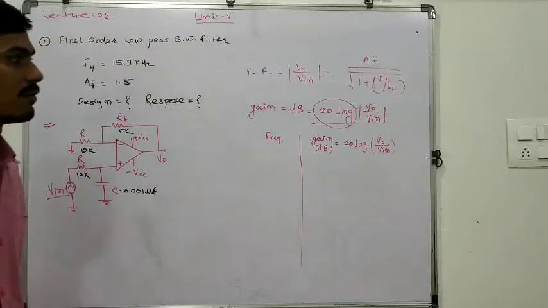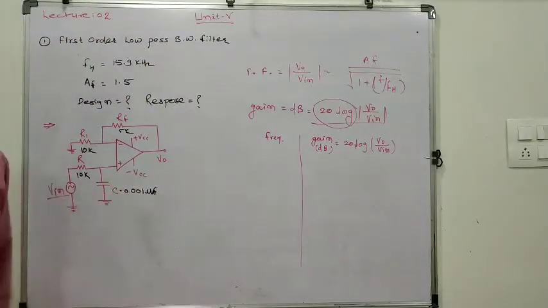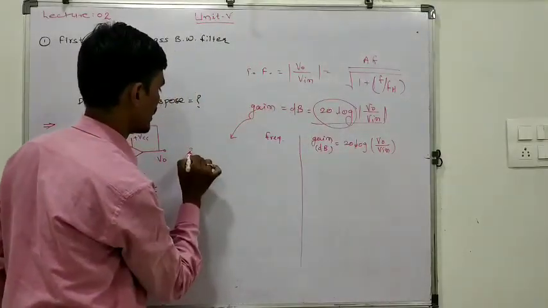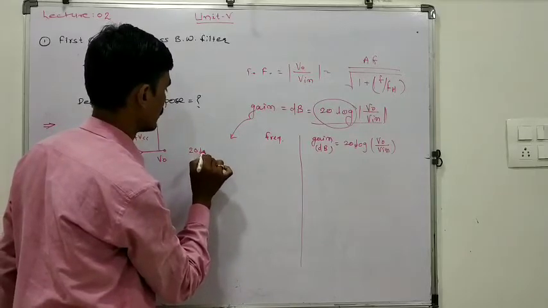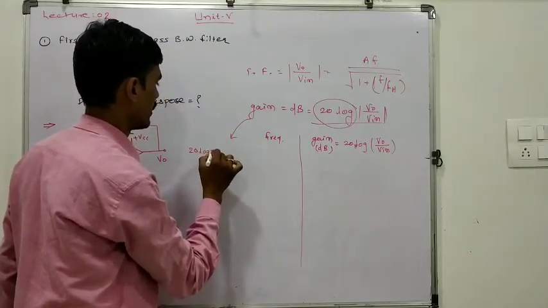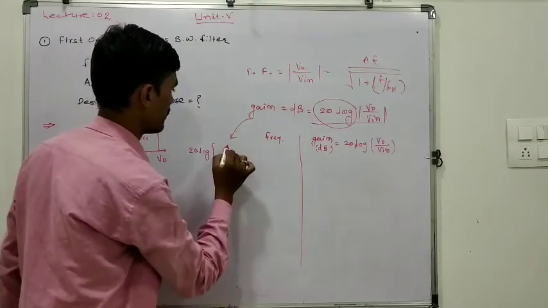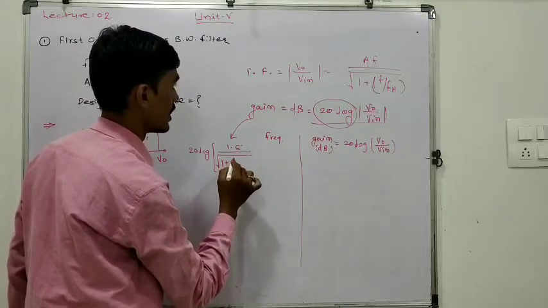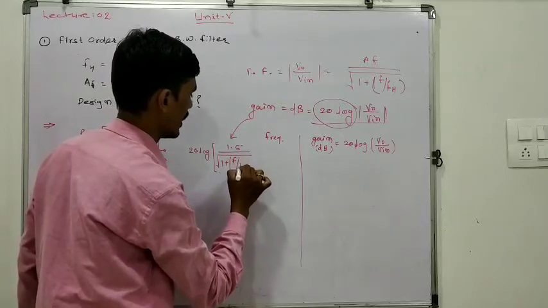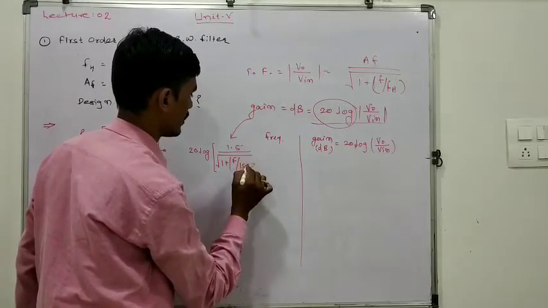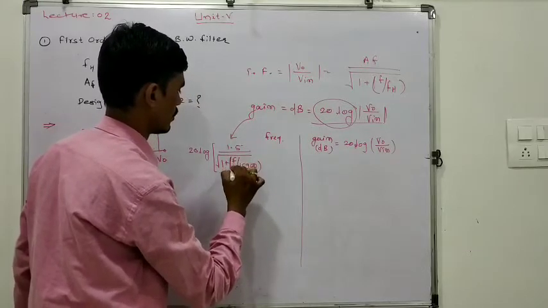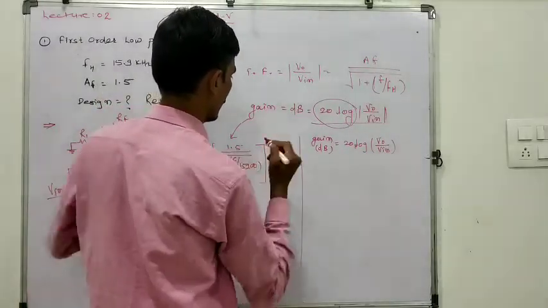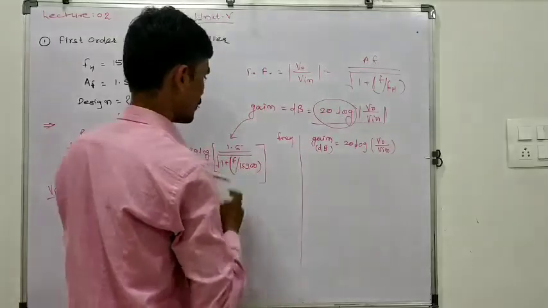By using this formula we have to calculate different values, and we can rewrite it as 20 log of AF, AF is 1.5, divided by under root of 1 plus F by 15,900, where F is the frequency. So we have to plot this table.